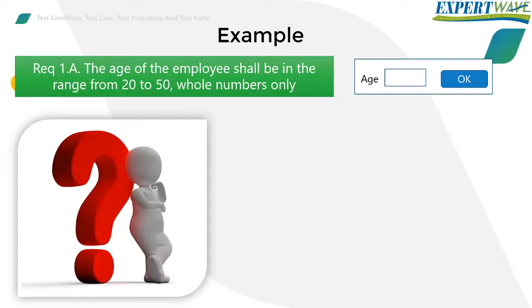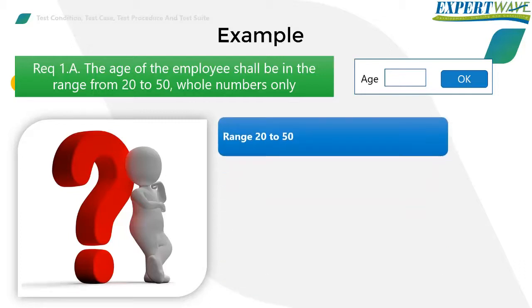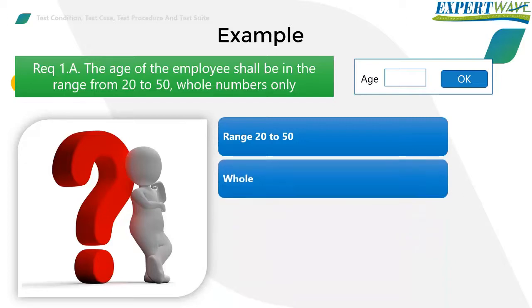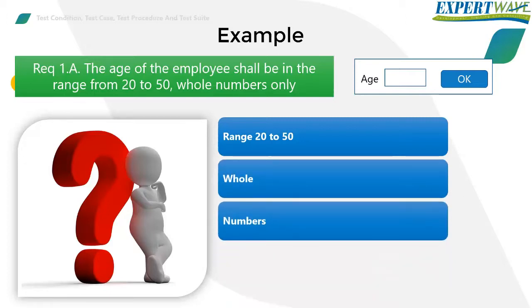The way I think about it is that every word in the requirement document needs to be tested. I know this is extreme and doesn't actually happen like this, but this is just so you can get the idea. So in our example, we would like to test range 20 to 50, we would also like to test whole, and we would like to test numbers.